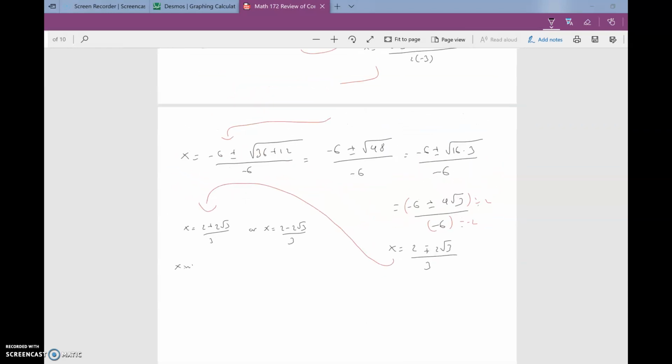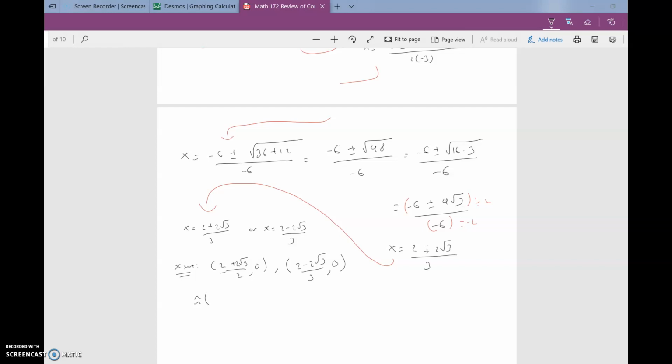So x-intercepts are going to be (2 plus 2 square root of 3 divided by 3, 0) and (2 minus 2 square root of 3 divided by 3, 0). And let me get decimal approximations on these two. So the first one is 2 plus 2 square root of 3 divided by 3.